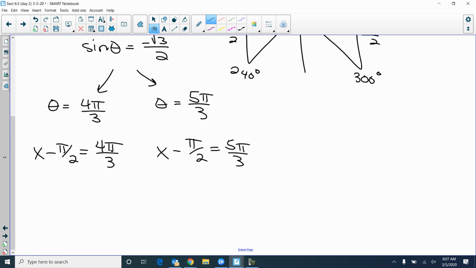See what you get for your fraction. Add pi over 2.